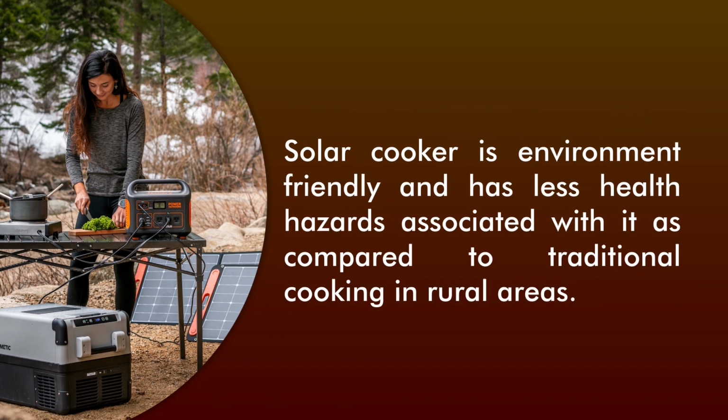Solar cooker is environmentally friendly and has less health hazard associated with it as compared to normal cooking in the rural areas. In India, about 150 million tons of firewood, 52 million tons of dried dung, and 36 million tons of agricultural waste are consumed annually for cooking purposes.